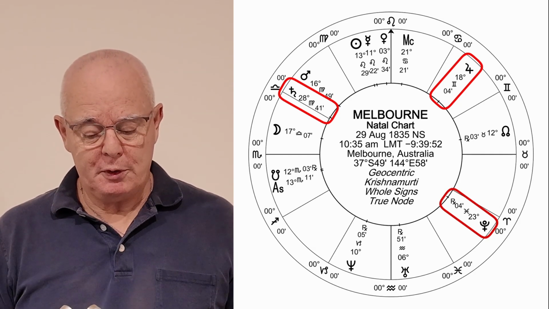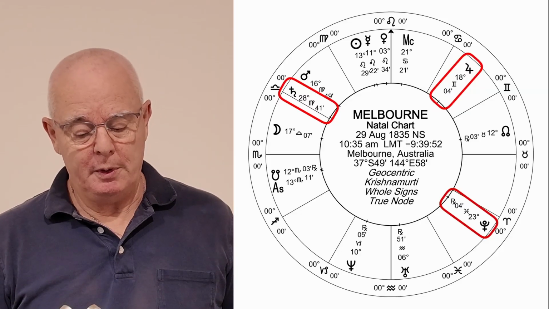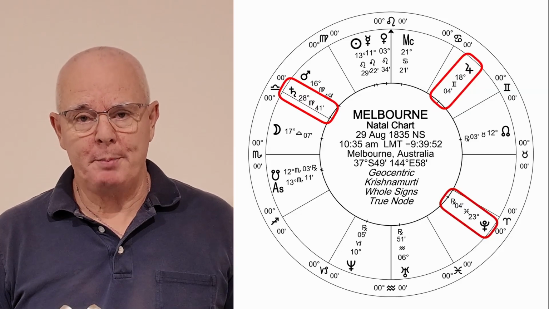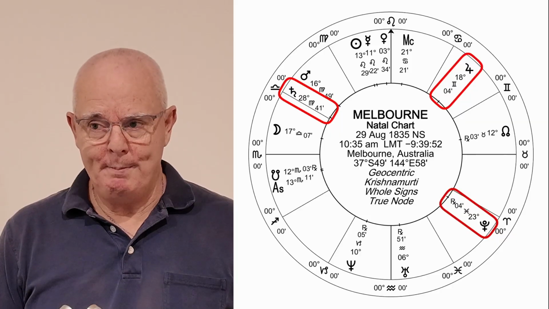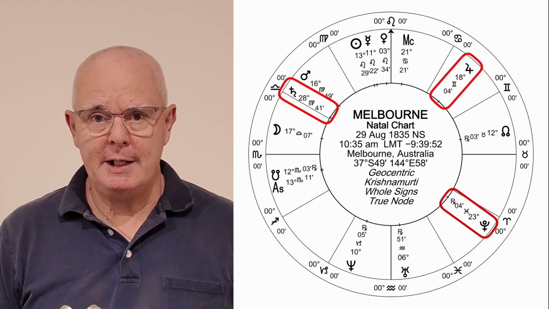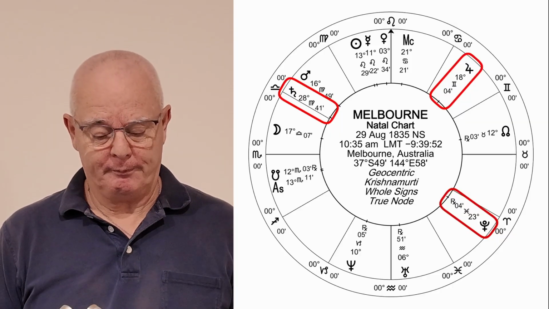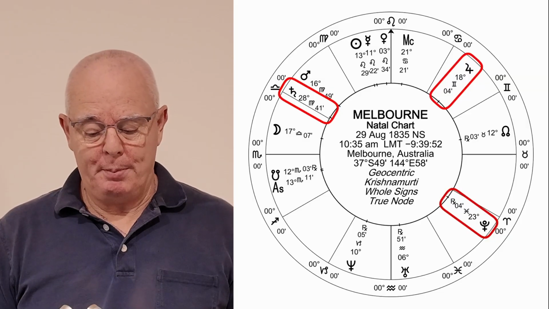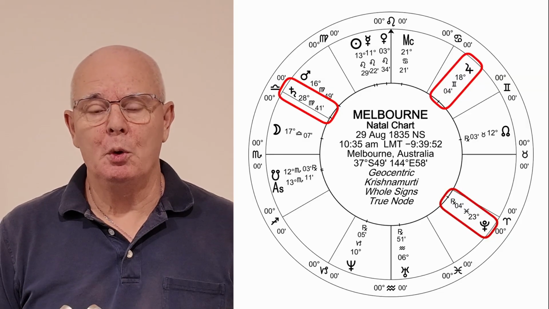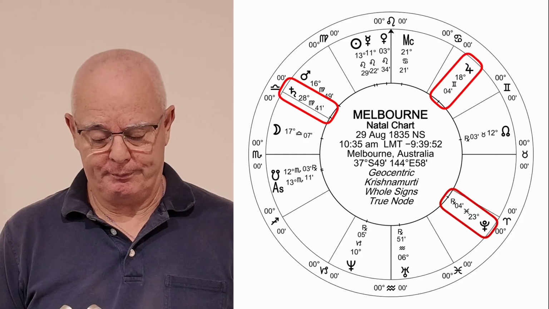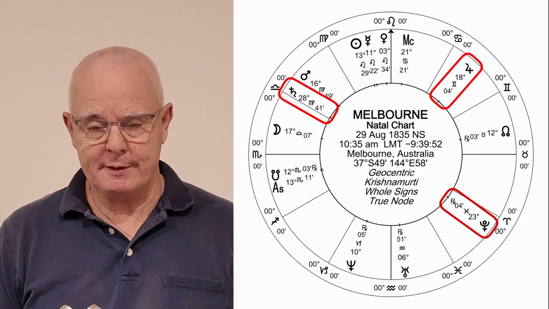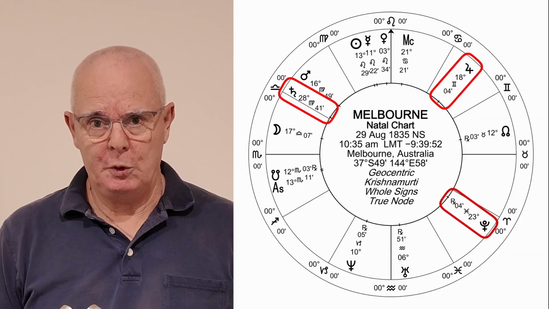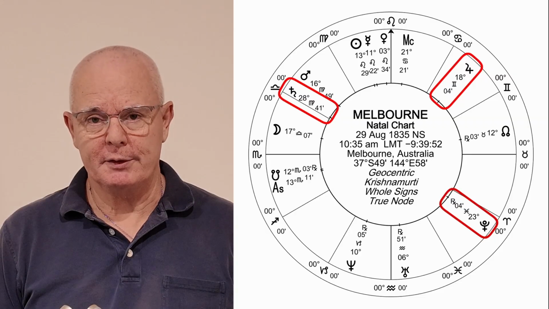To convert this horoscope into a local space chart, we make three transformations. Near the top of the horoscope it says capital M little c, 21 degrees Cancer, 21 minutes.